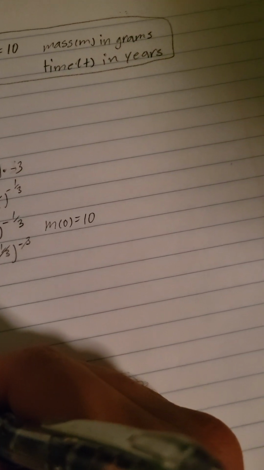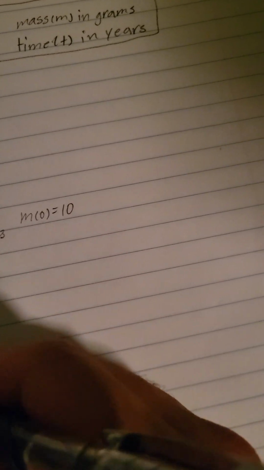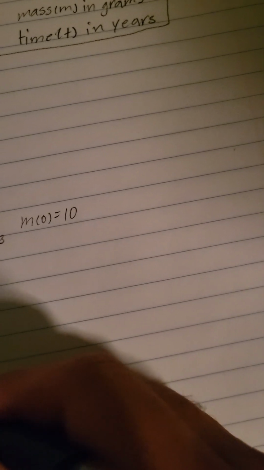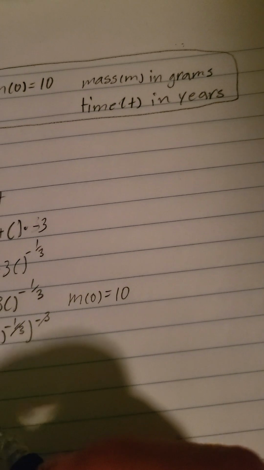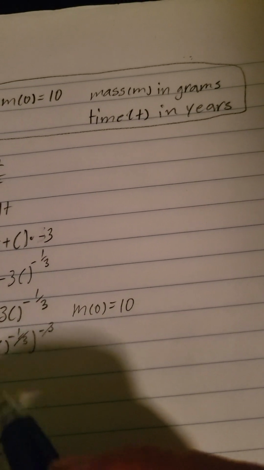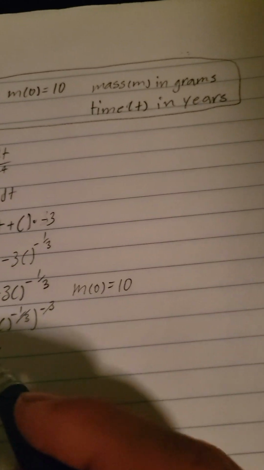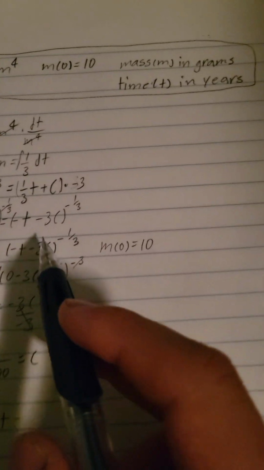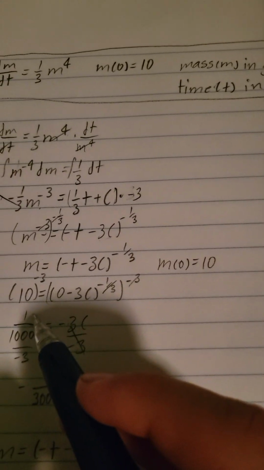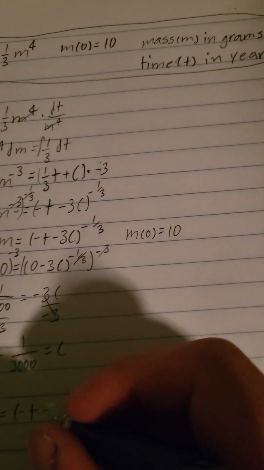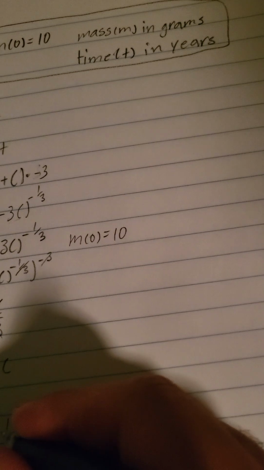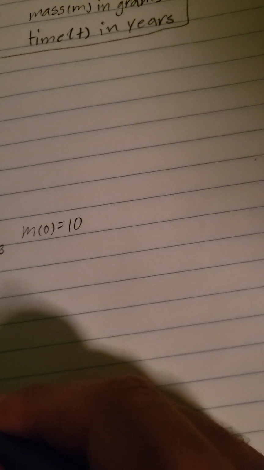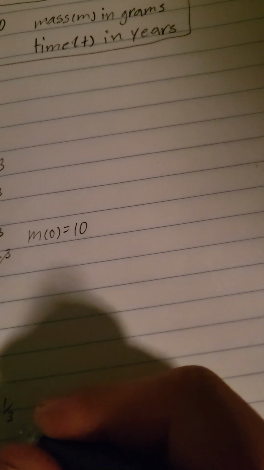So my solution is m equals negative t minus 3 times c. So just make it one term. If I know negative 3c was 1 over 1,000, I'll just leave it like that as 1 over 1,000, all to the negative third power.